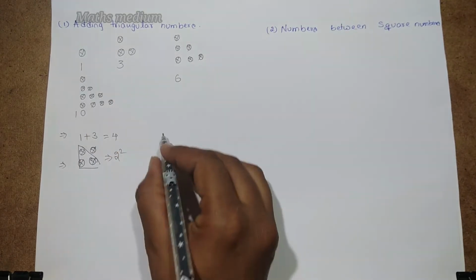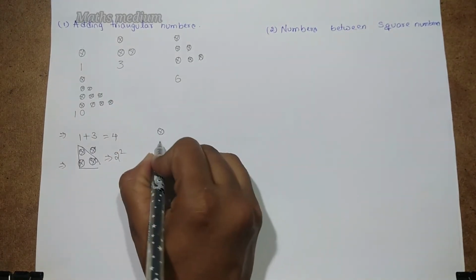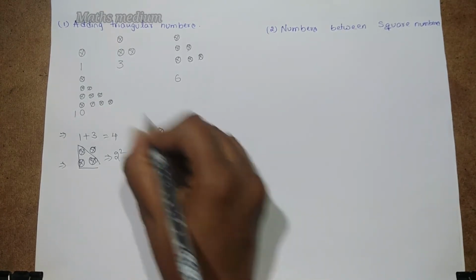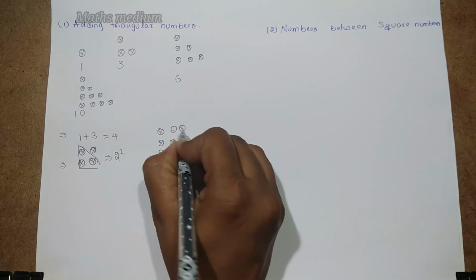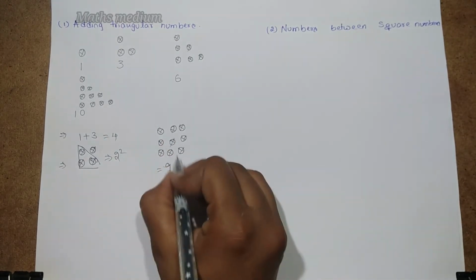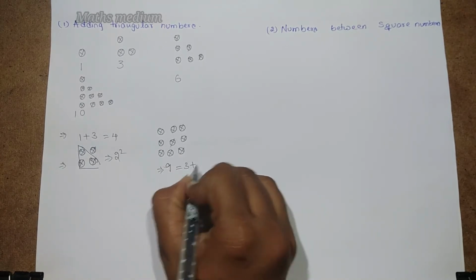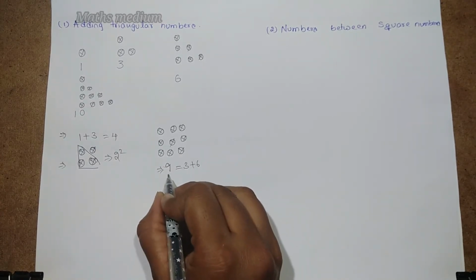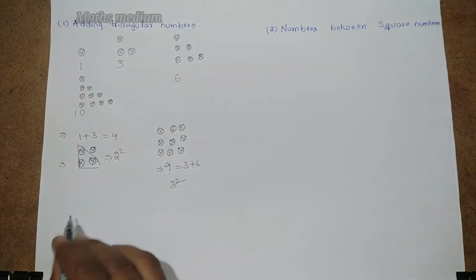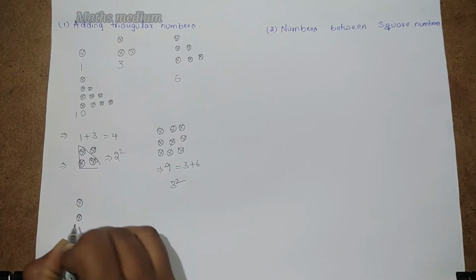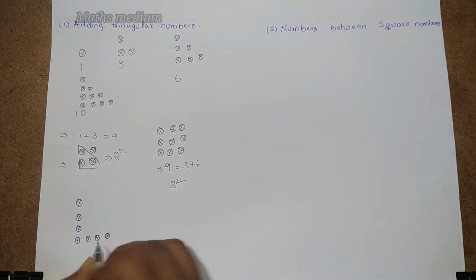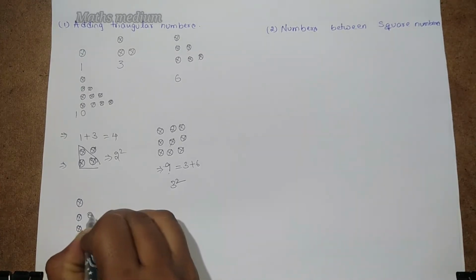If we add 3 and 6, we get 9. Here 3 plus 6 is equal to 9. It means 3 square. If you add 6 plus 10, 1, 2, 3, 4, 5, 6, 7, 8, 9 and 10.